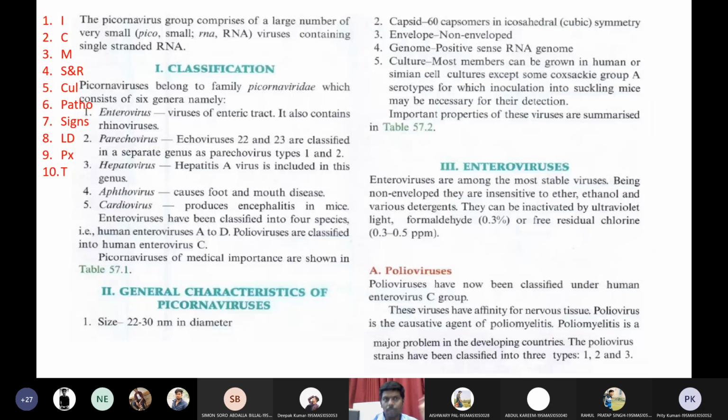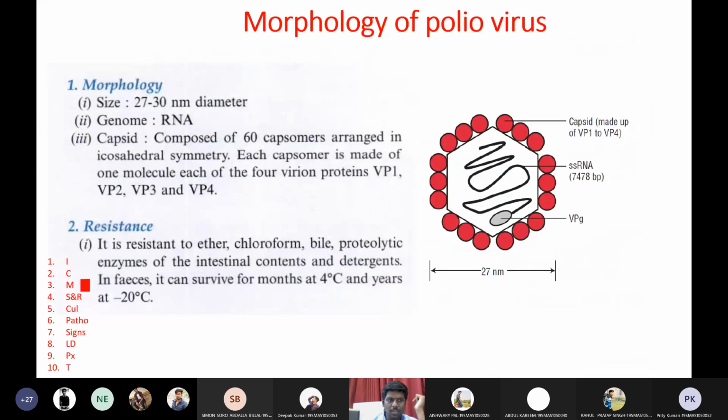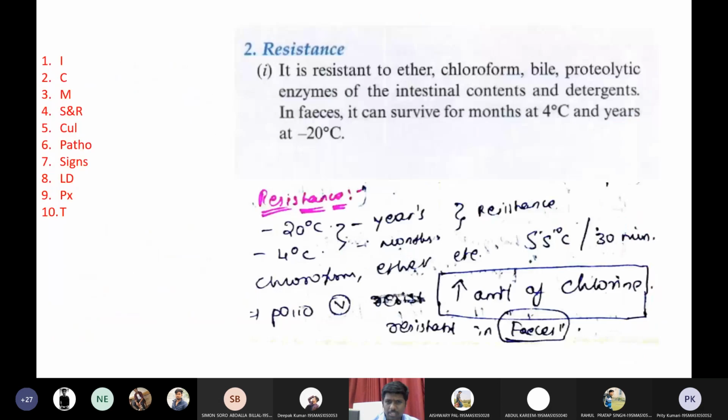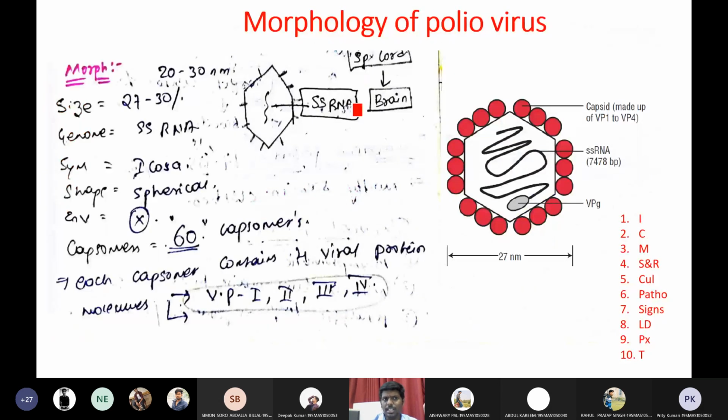Coming to the morphology of poliovirus, what things do we need to see? We need to see size, shape, genome, presence or absence of envelope, and capsid. The size of poliovirus is around 20 to 30 nanometers, and the shape is spherical.